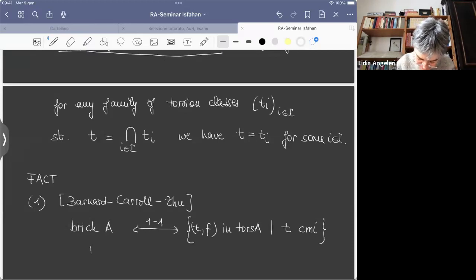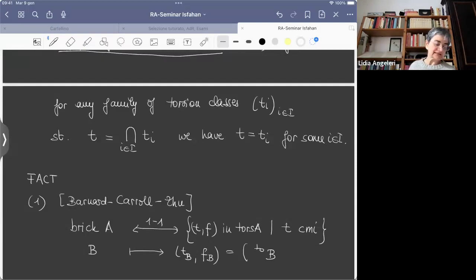This bijection is given by taking a brick and mapping it to the torsion pair cogenerated by this brick. I will abbreviate this by (T_B, F_B), where the torsion class is given by the modules that don't have maps to B, and the torsion-free class is the smallest torsion-free class containing B.